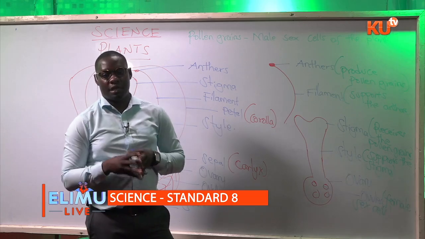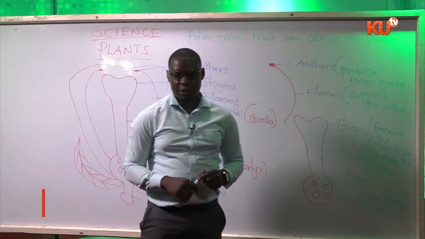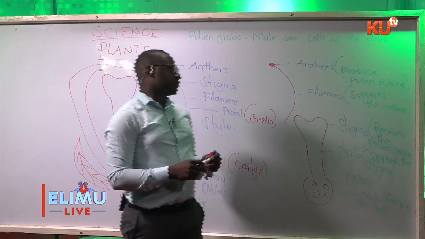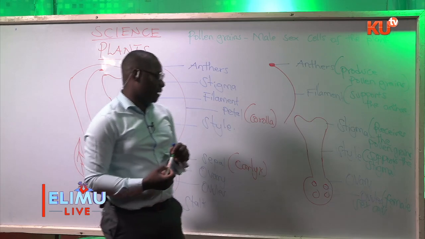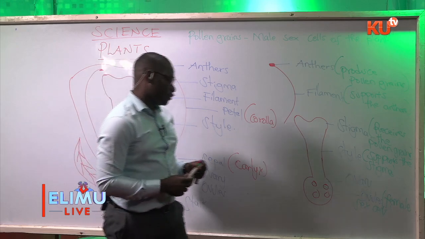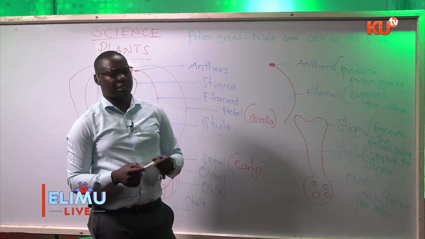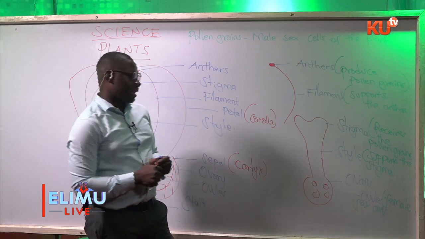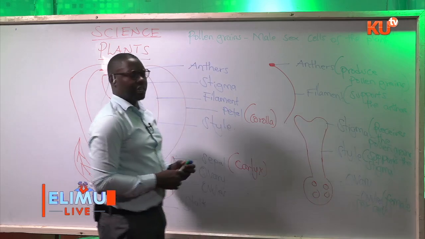When they come together, they join up, and then we say reproduction has taken place. So it is the pollen grains, the sex cells of the male, and ovules, the sex cells of the female, that will join. Then we have the ovary, which keeps the ovules, and it develops into a fruit after fertilization.